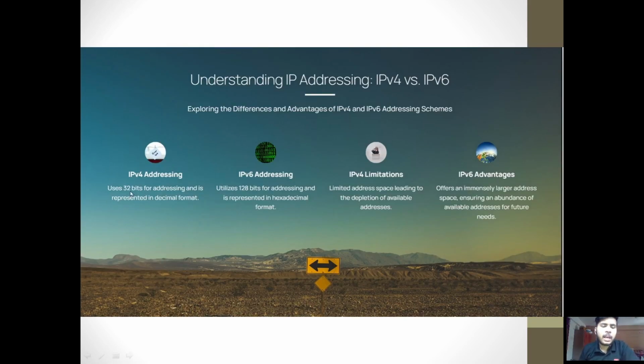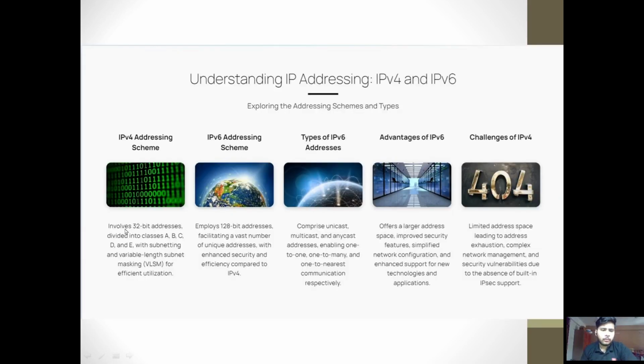As IPv4 uses 32 bits, IPv6 uses 128 bits for addressing, and it is represented in hexadecimal format. It focuses on the limitation of IPv4, that is limited address space, which leads to depletion of available addresses. IPv6 offers a large address space with availability of addresses for the future.